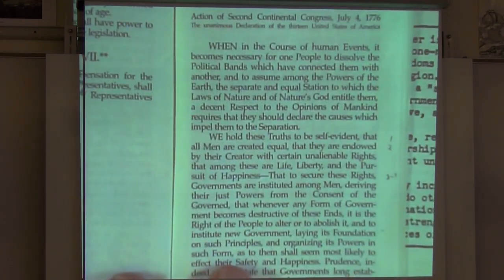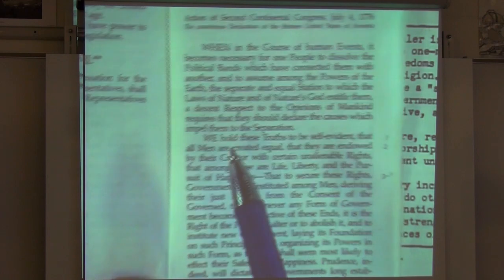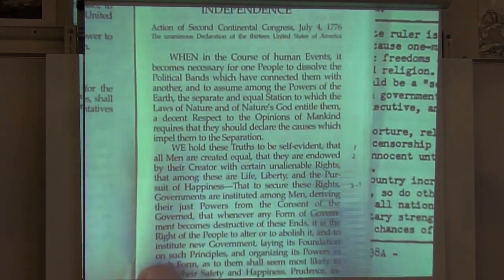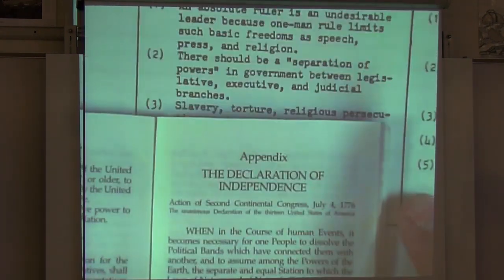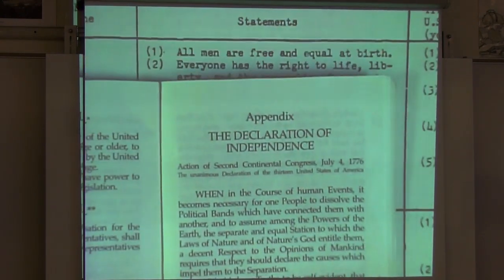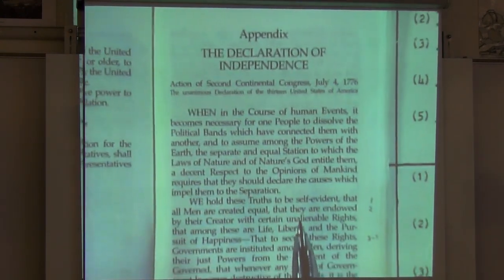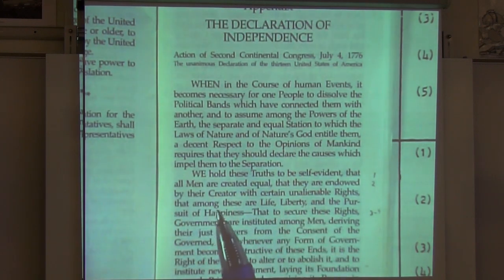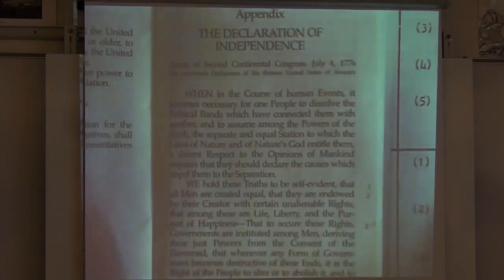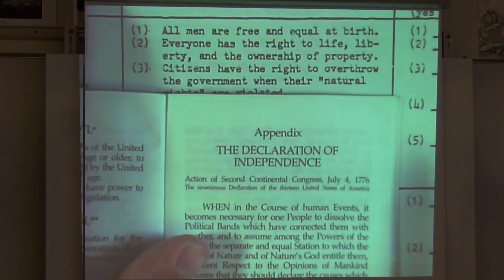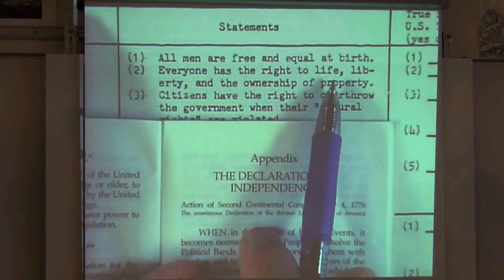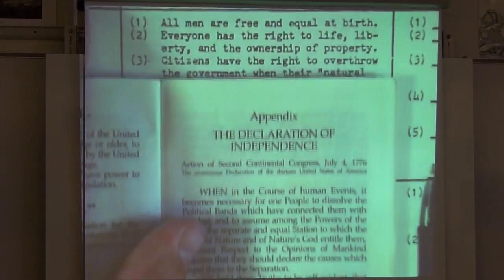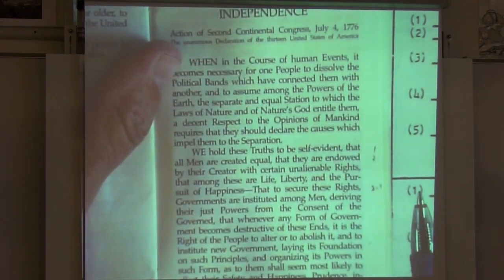This is the second paragraph. We hold these truths to be self-evident. All men are created equal. Check. They're endowed by their Creator with certain inalienable rights. Among them are life, liberty, and the pursuit of happiness. Go back up there. Life, liberty, property, happiness.